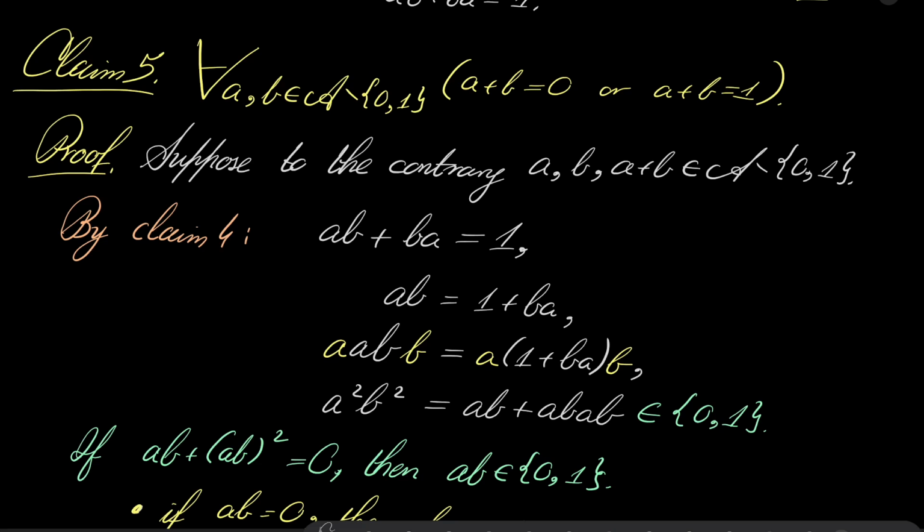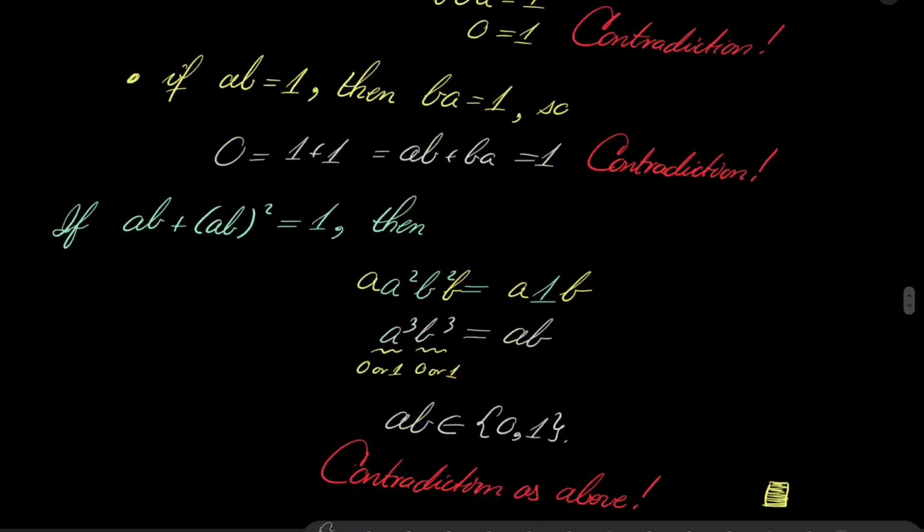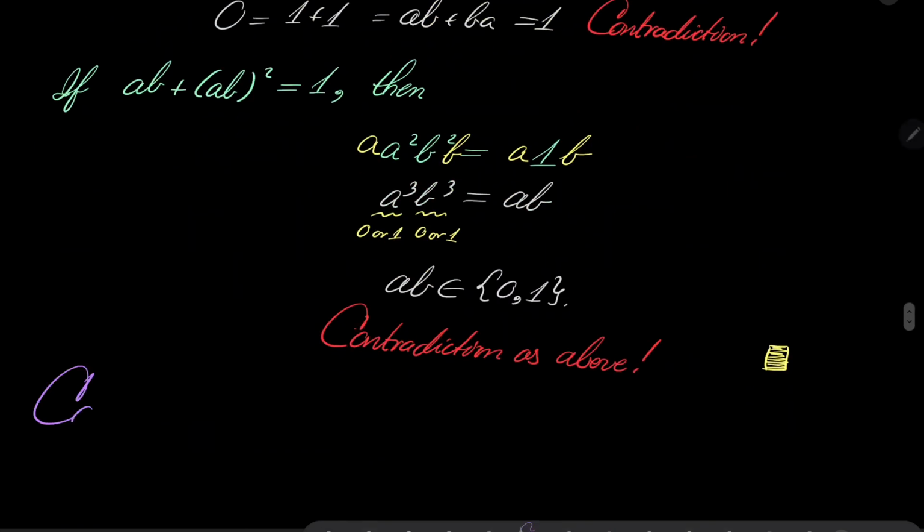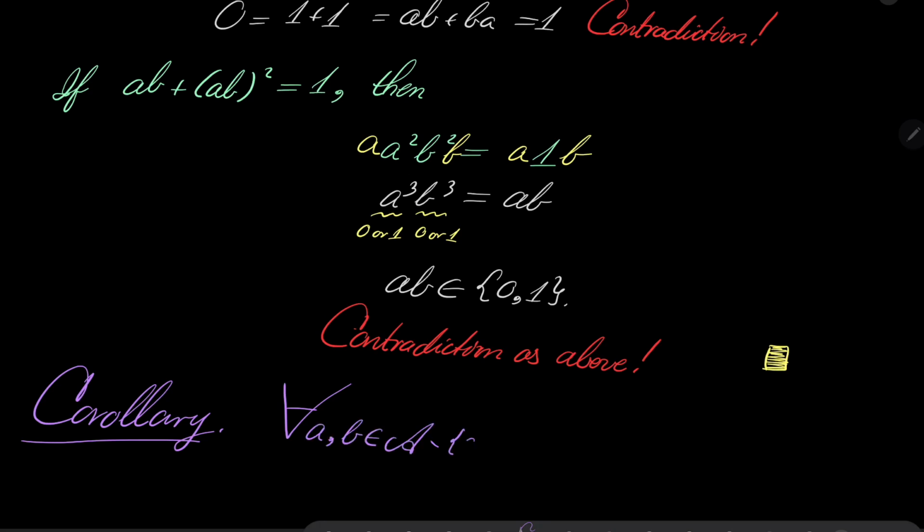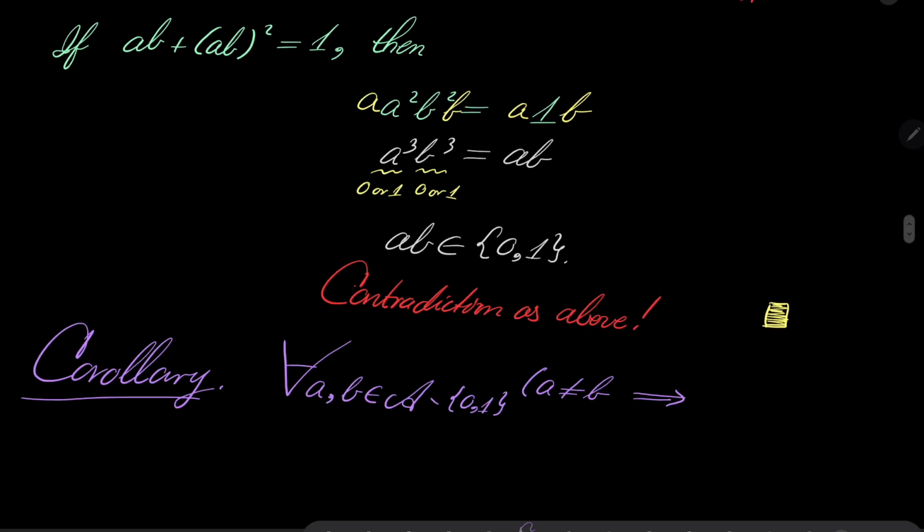As a corollary of claim number 5, if A, B are two elements of our ring which are different, they must differ by 1. So B equals A plus 1.